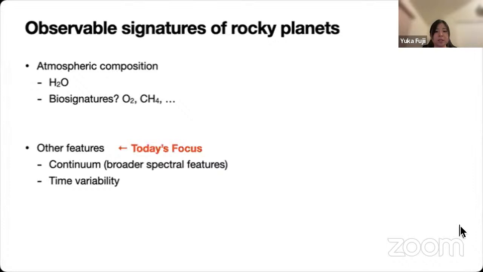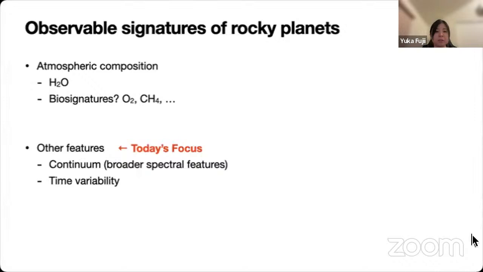Today, I decided to put more emphasis on exploring the latter cases, as they are relatively infrequently discussed, I think. And while they may or may not be harder to detect, they have the potential to provide information on the planetary surface environment complementary to the atmospheric composition.